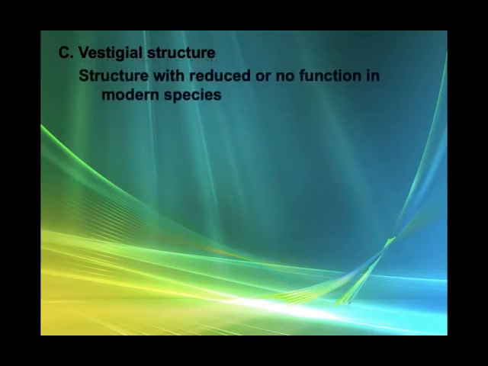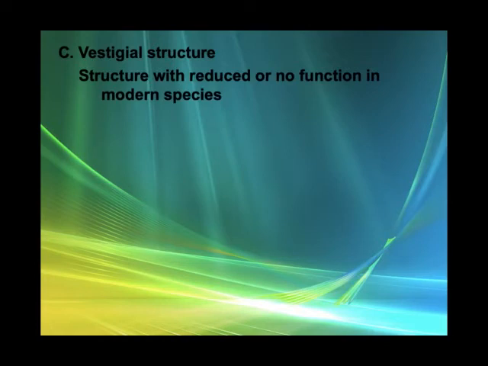The next type of structure is a vestigial structure, and these are very interesting. Vestigial structures are structures found in modern species that don't really have a function, or their function is very, very reduced.